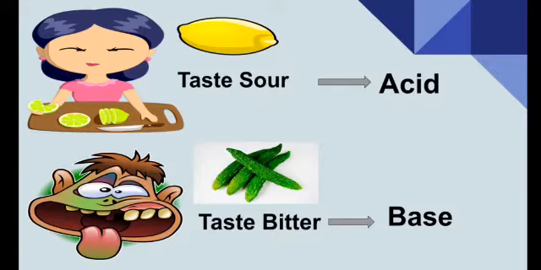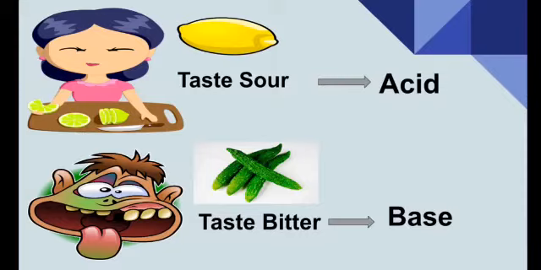So what did you get from these pictures? We get that some of the food items are sour, some are bitter, some are salty, and some food items are sweet in taste. The taste arises in the food due to the presence of acids, bases and salts in them.